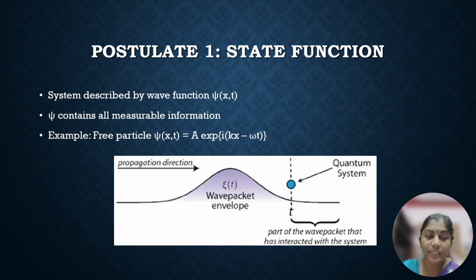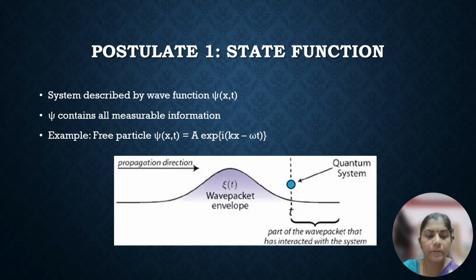The first postulate says every physical system is completely described by a wave function, usually written as psi of x, t. This wave function contains all the information about the system. Unlike classical mechanics, where we specify position and momentum, here the wave function is central.